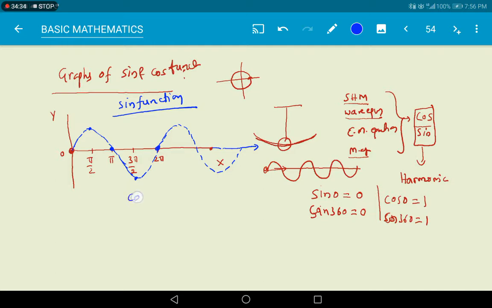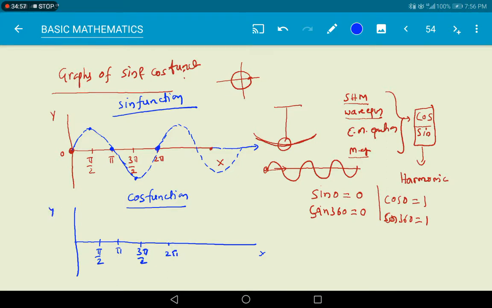Next, the cos function. Along this x-axis we are taking the values pi by 2, pi, 3 pi by 2, 2 pi, and after that adding up pi by 2 like that. So this is plus 1 and this is minus 1.